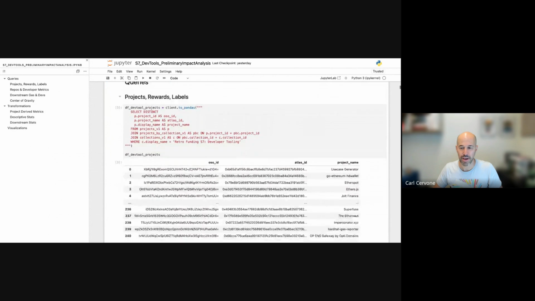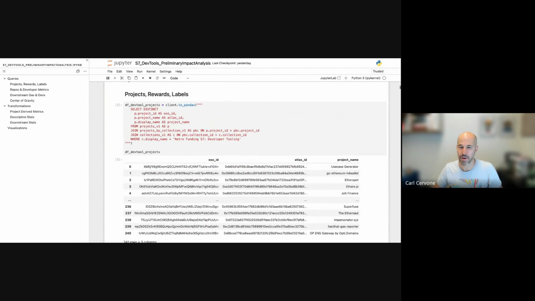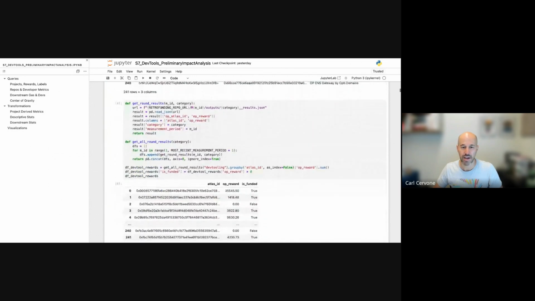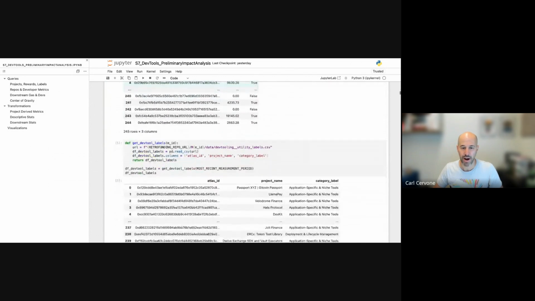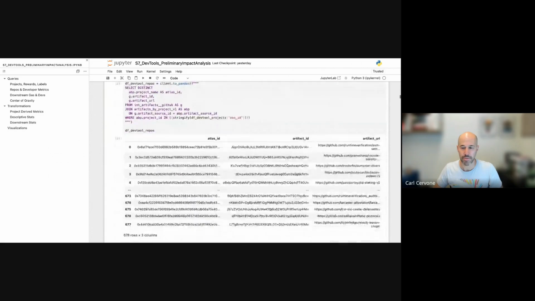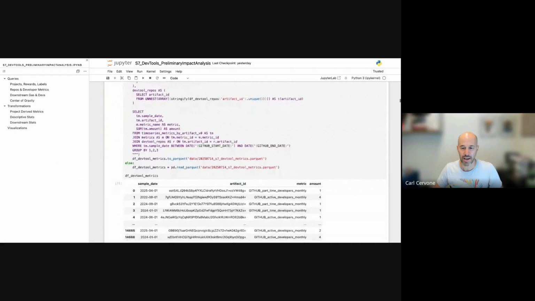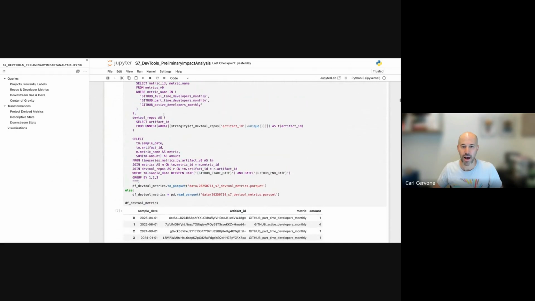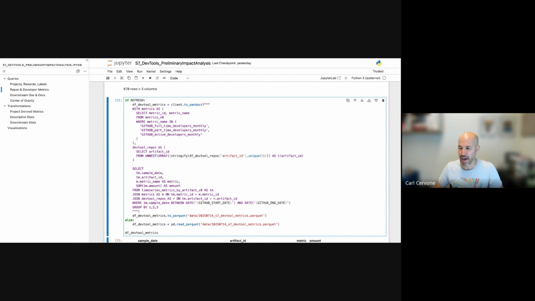The main thing that I think is interesting here, there's a first step, just getting all the projects and the round results, and then getting the dependency graph. One issue that we've had, and Ikro, I was asking a few questions about performance related to this.